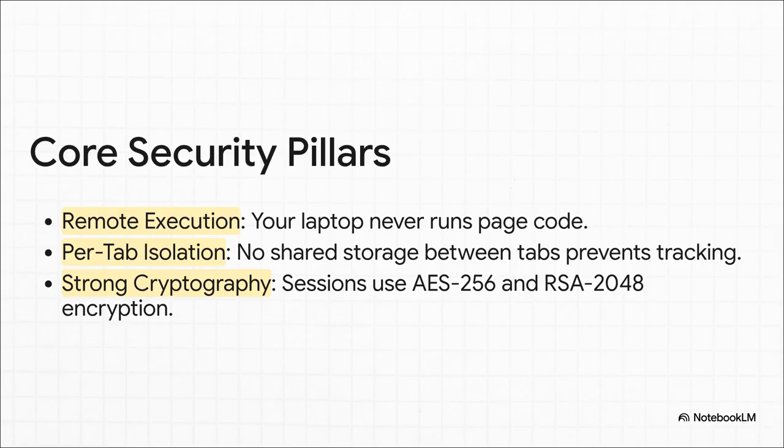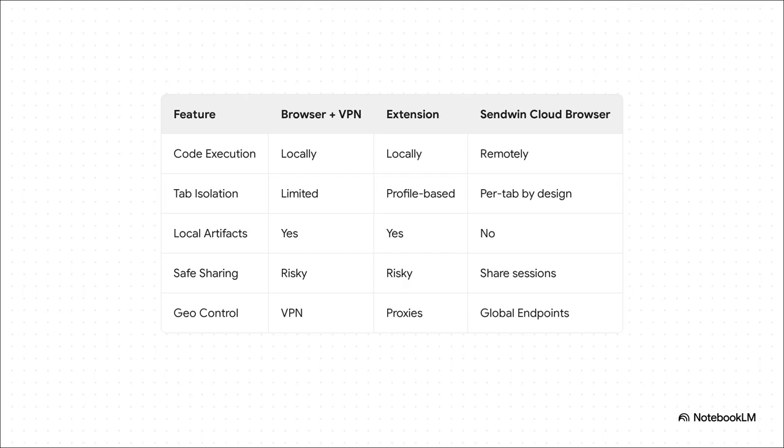The second pillar, per-tab isolation, is an absolute game changer for anyone managing multiple accounts. It means every single tab is a completely sealed-off container. No cookies, no data, nothing can leak between them. And finally, all your activity is locked down tight with military-grade encryption, making sure your session stays totally private from end to end. This table lays it all out perfectly.